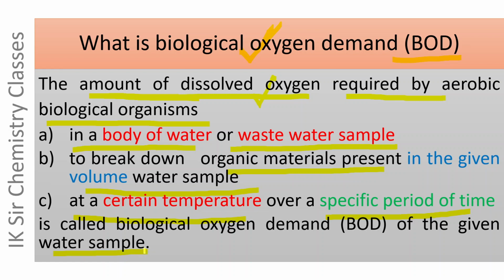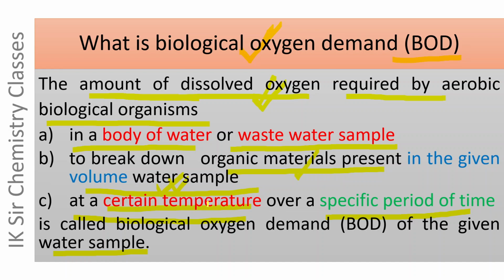Let us see it again. The amount of dissolved oxygen required by aerobic biological organisms in a water body or wastewater sample to break down organic materials present in it in the given volume of water sample. The volume of water sample should be specified at a certain temperature.